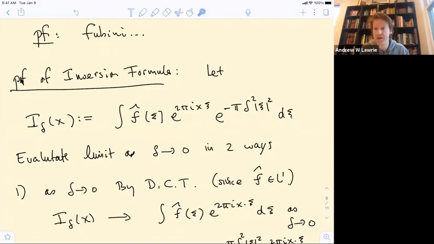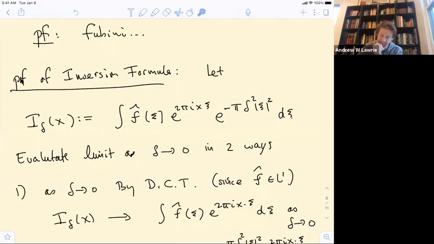We modified the sense in which we recover f back from its Fourier transform. We're still recovering f from its Fourier transform, but by seemingly artificially introducing this factor and then taking a limit, just like in Abel summation, we artificially introduce these factors r to the k, and then take a limit.